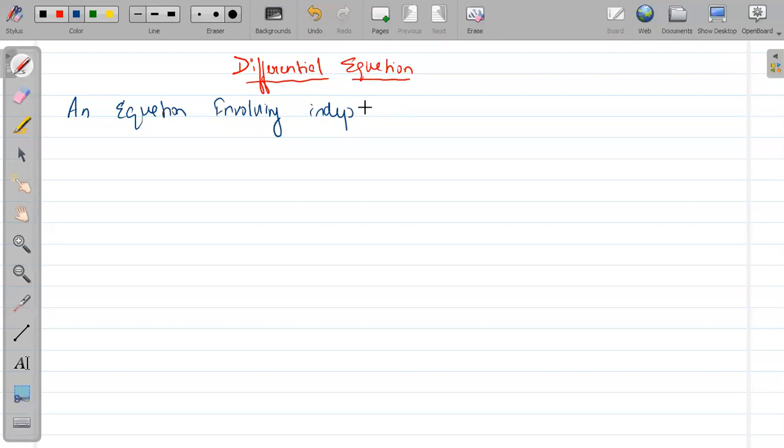See, here I am writing independent variable as x, but it can be y also sometimes. It depends upon the way in which we are taking.